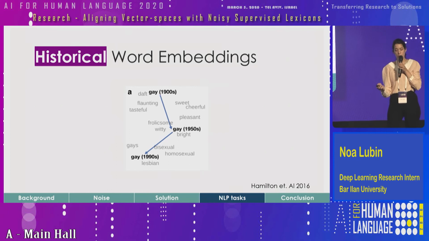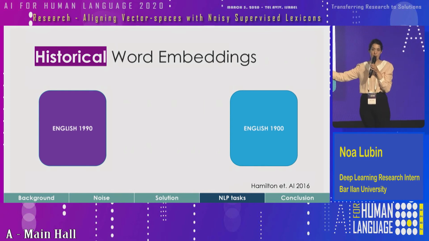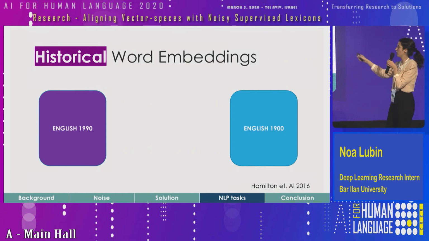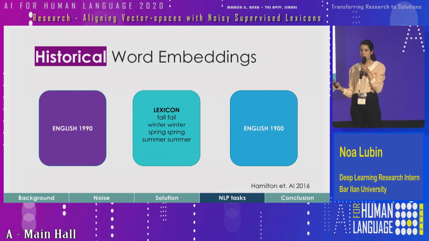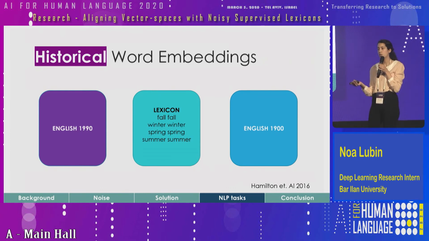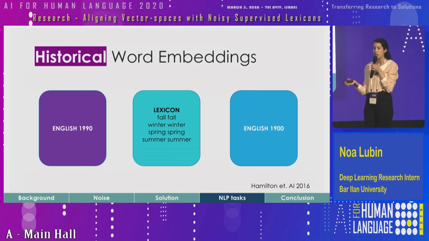How are we going to do it? Again, we have 2 vector spaces, one of English word embeddings from the 1990s, and one of English word embeddings from the 1900s. Now, my lexicon is just every word mapped to itself. Why? Because I still assume that most words in the language didn't change their semantic meaning.